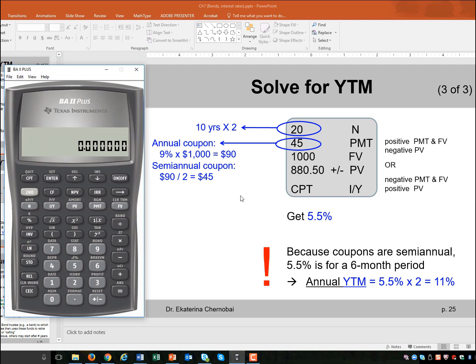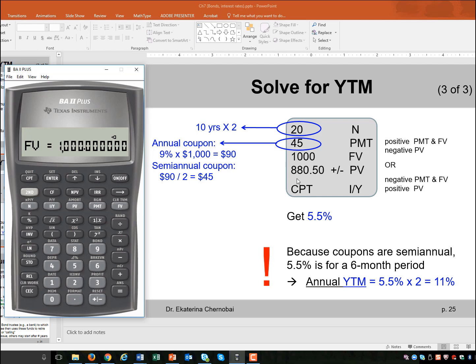So we need to solve for the yield to maturity, or IY, in the financial calculator. And we need to enter the number of coupons, which is 20. So 20 N. Then the coupon amount itself, or the payment, PMT, is 45 PMT. Because I left it as positive, my $1,000 face value, or the future value, should also be positive. So I put 1,000, and without changing the sign, I press FV.